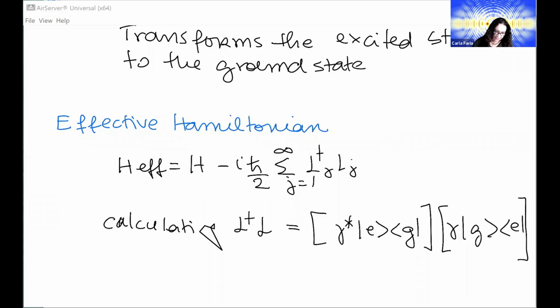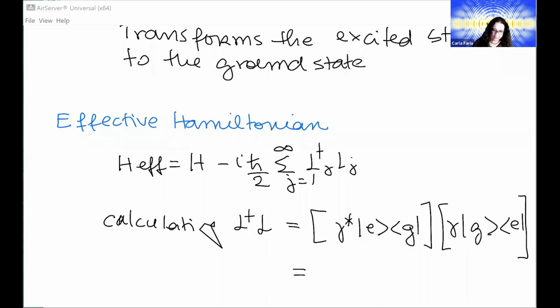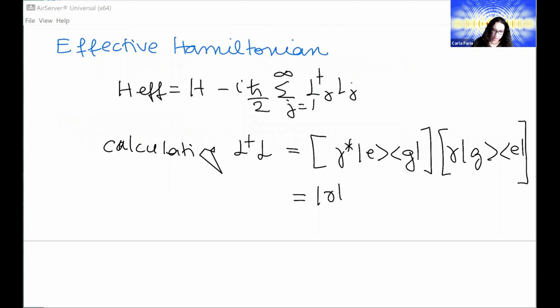And from here you see that you will get modulus squared gamma |E><G|G><E|. Here we use the orthonormality of this basis, so we know that <G|G> is equal to 1.